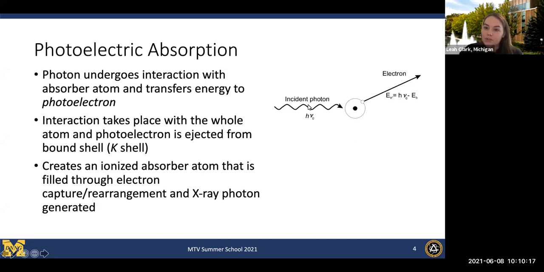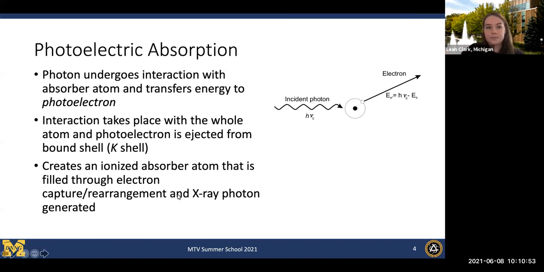The energy of this photoelectron is equal to the incident energy of the photon minus the binding energy of that electron. This interaction takes place within the atom itself, and the photoelectron is ejected from wherever that electron's bound shell was, typically the K shell. Because of this, it can create an ionized absorber atom, and the vacancy of that electron can be filled through electron capture or rearrangement of the electrons, and an X-ray is emitted.